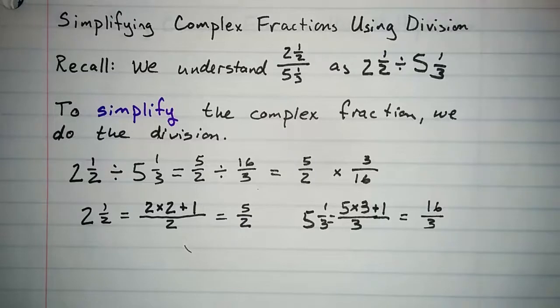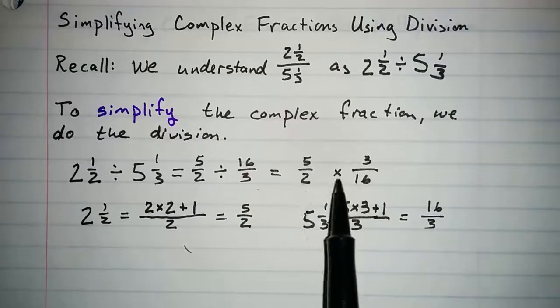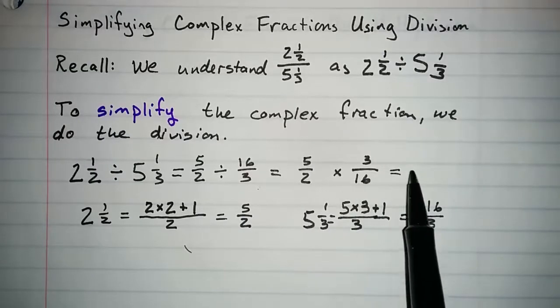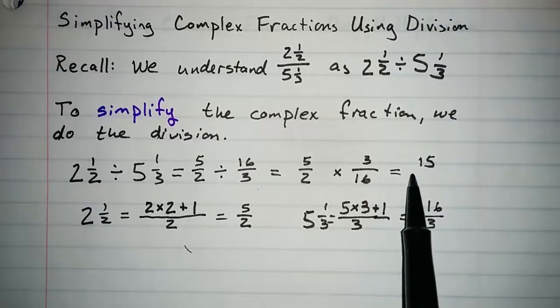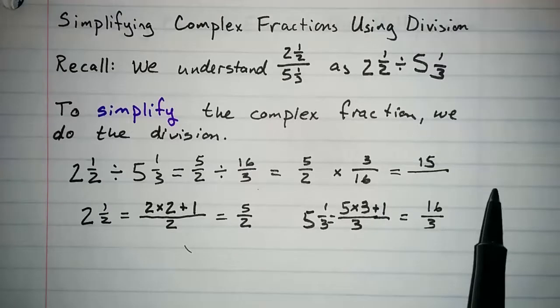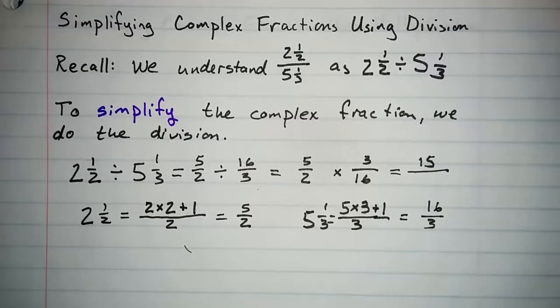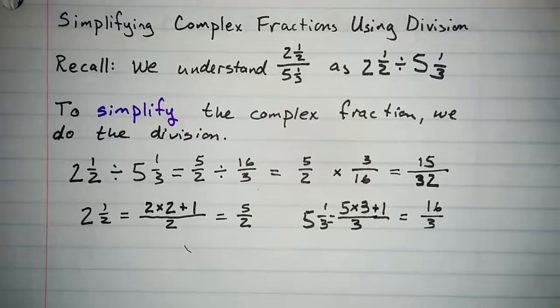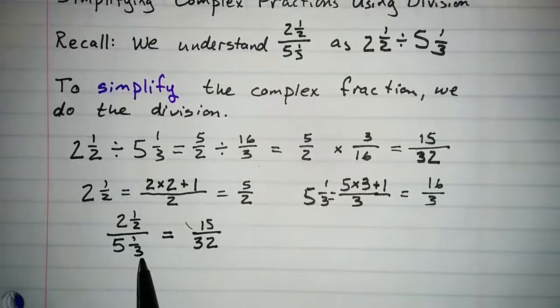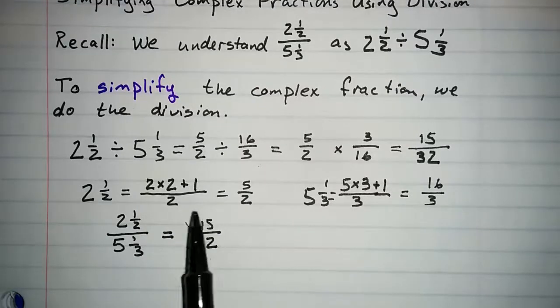And now I'm multiplying fractions, so I multiply the numerators, multiply the denominators. 5 times 3 is 15. 2 times 16, I might want to write down off to the side. I think I get 32. So that tells me that the complex fraction, 2.5 over 5 1/3, is equal to the ordinary fraction, 15/32.